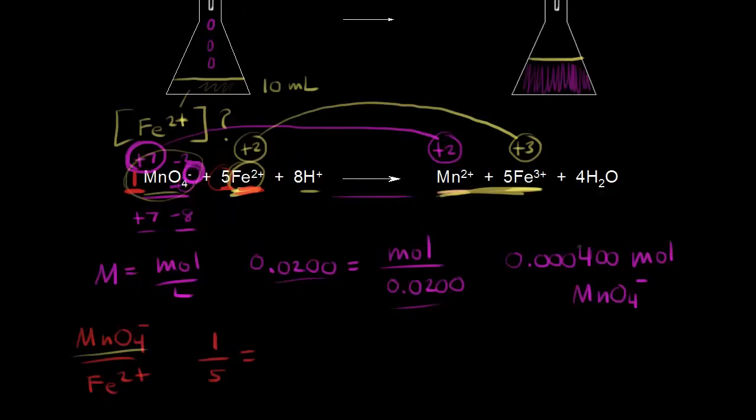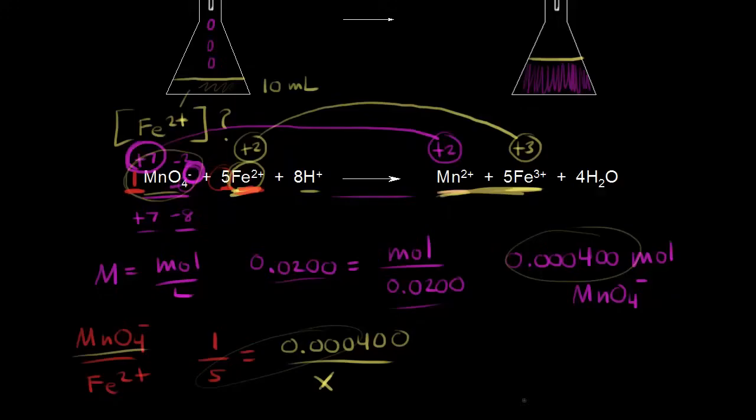How many moles of permanganate were necessary to react with the iron 2+? That was 0.0004. So we have 0.0004 moles of permanganate, and X would represent how many moles of iron 2+ we originally started with. We could cross multiply here to solve for X. So 5 times 0.0004 is equal to 0.002. So X is equal to 0.002, and X represents the moles of iron 2+ that we originally had present.